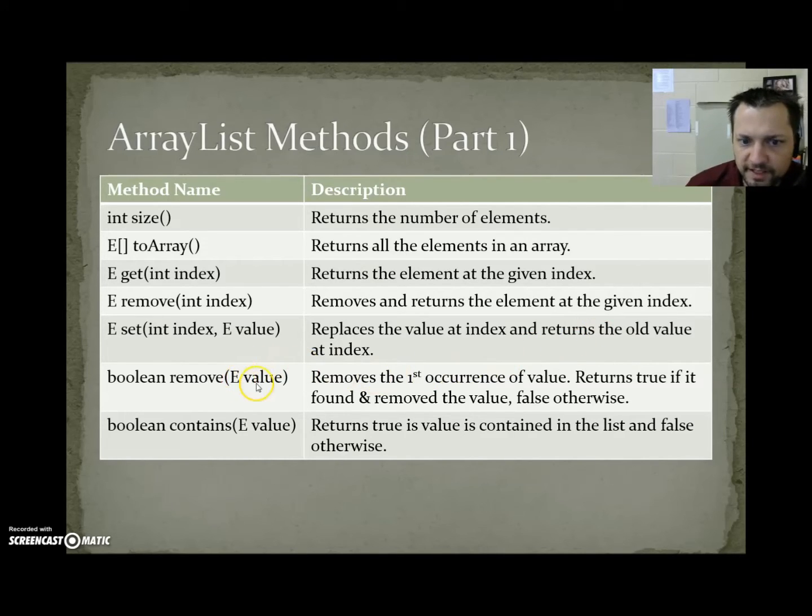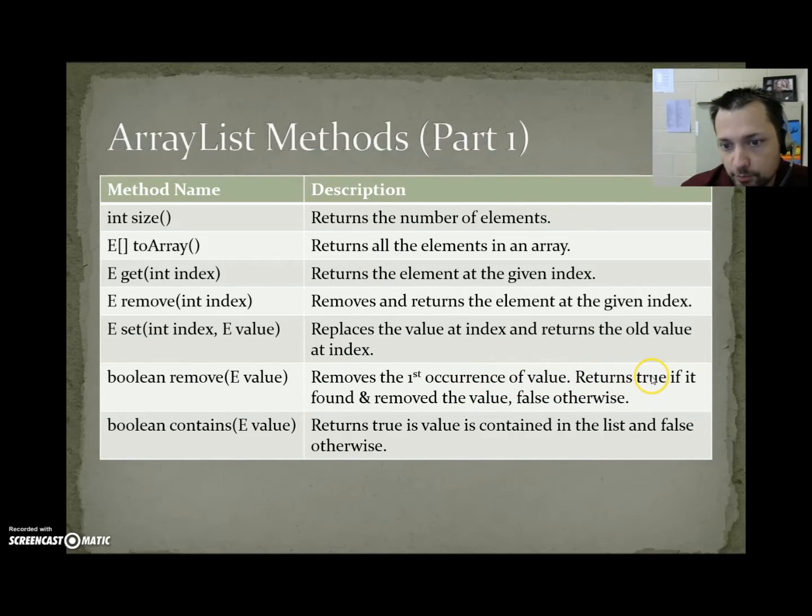Boolean remove(E value). This one goes and hunts down a specific value, and it removes the first occurrence. For example, let's say Billy, Jim, Ted. If we wanted to remove Jim, we'd say remove, quote, Jim, quote. It would go hunt in the list looking for Jim.